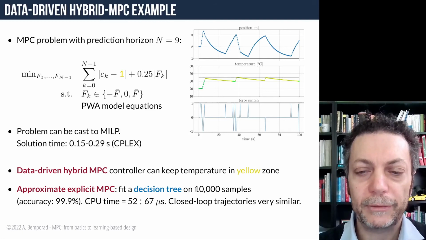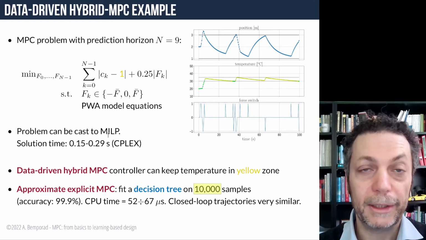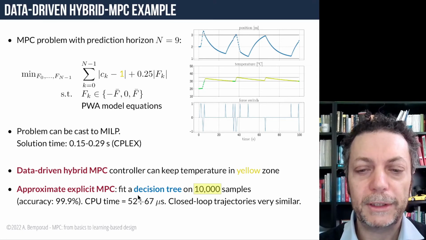And in this case, I have generated 10,000 samples out of the control law by solving 10,000 MILP problems offline, and then fit a decision tree on this data, and you get an accuracy which is pretty good. So the accuracy here is 99.9%. Accuracy in terms of reconstructing the right value for F, the force to apply.